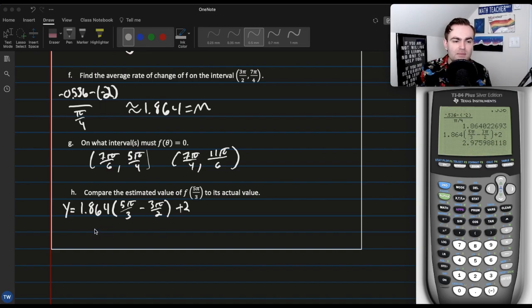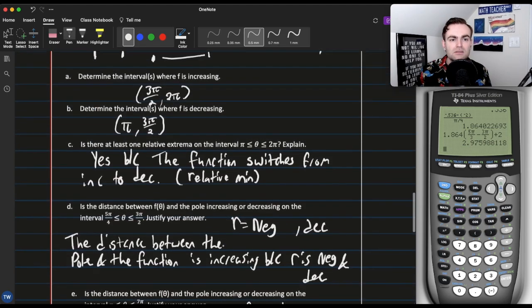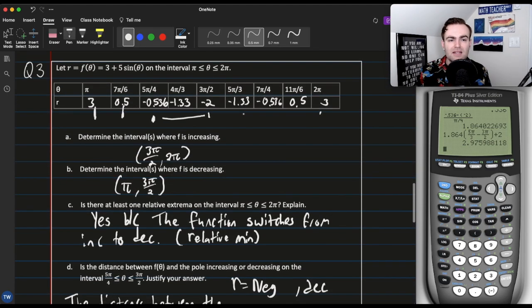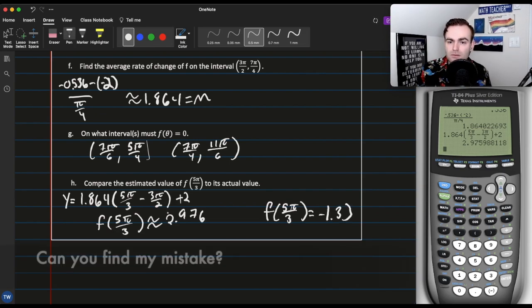And we get an estimated value, so f of 5 pi over 3 is about 2.976. How does that compare? That's negative 1.33. So f of 5 pi over 3 is equal to negative 1.33. So how does it compare?